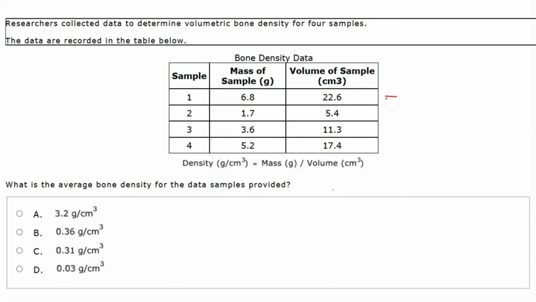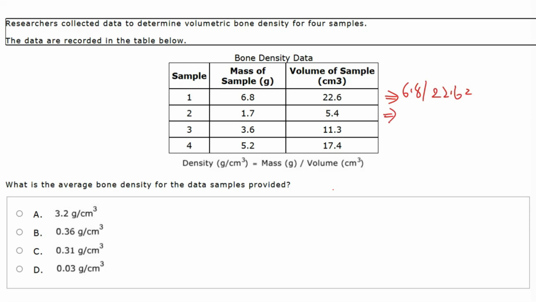Let's find the bone density of the first one, that is mass divided by volume. So 6.8 divided by volume 2.6.